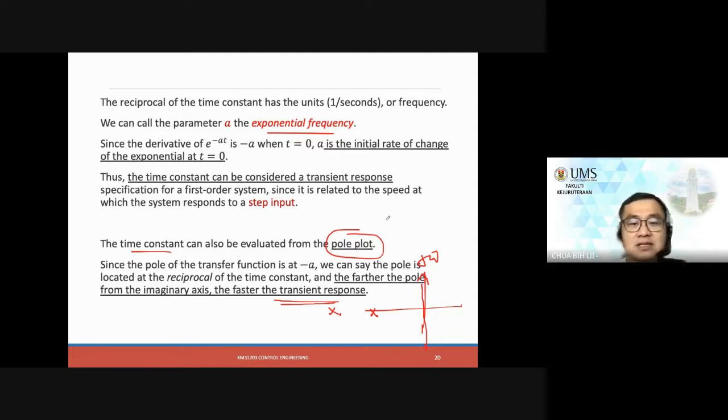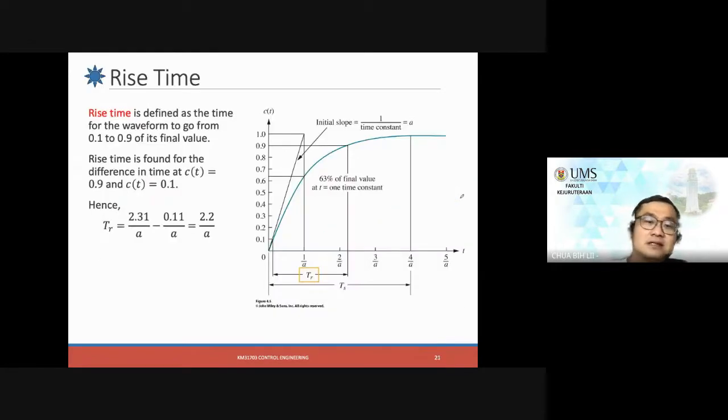For this one you would see it like this, and for this one, faster. If it is further, then you would see it even faster. That is the idea of it.